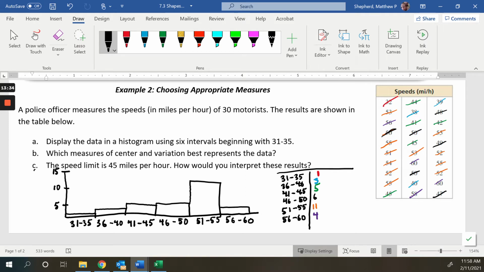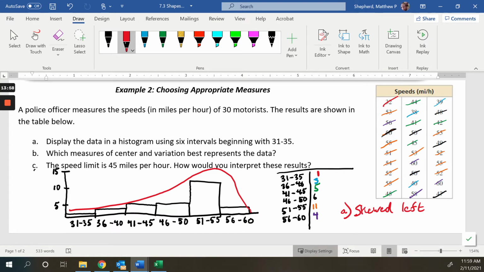Looks like we've got a very clear peak on the right. So it peaks over here on the right, and then it tails out over there. So this is skewed left. All right, so that's my answer to A, skewed left.